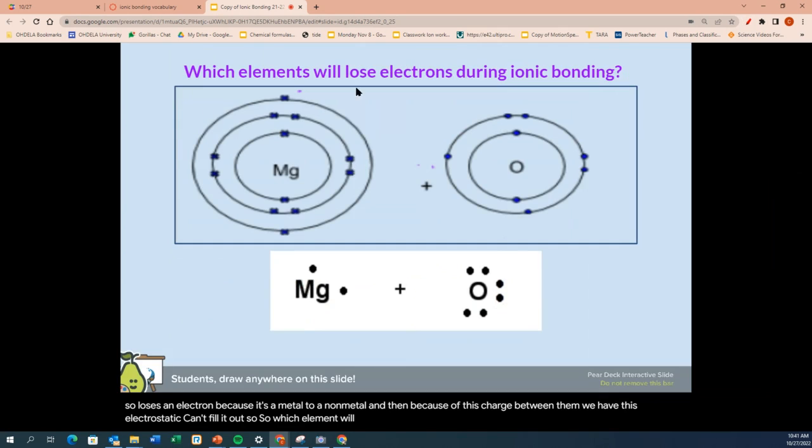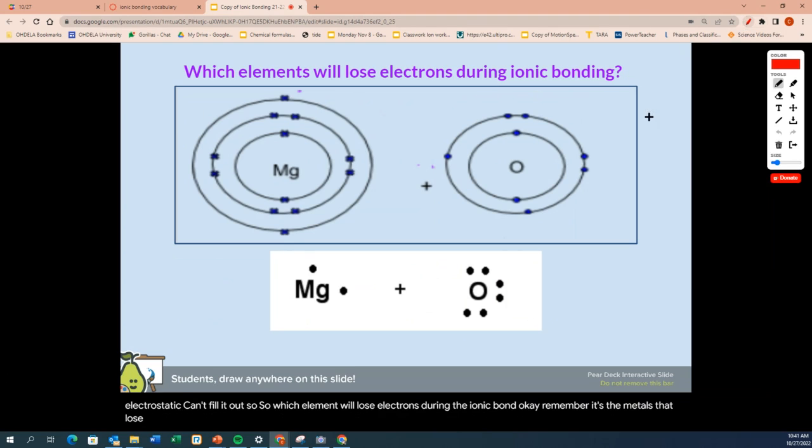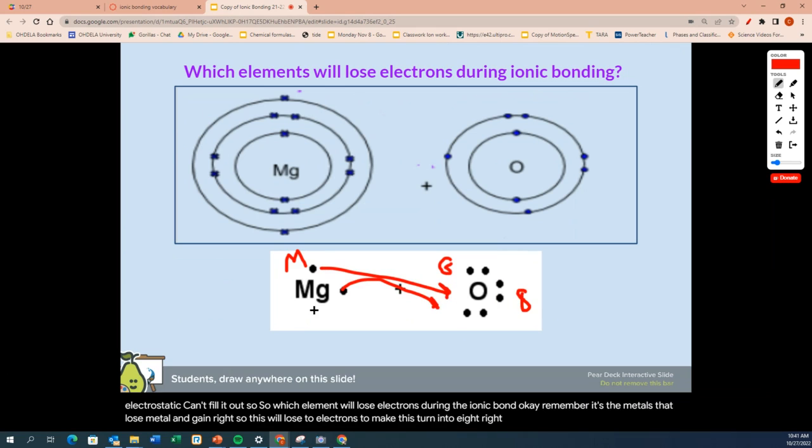Which element will lose electrons during the ionic bond? Okay, remember it's the metals that lose, and nonmetals gain, right? So this will lose 2 electrons to make this turn into 8, right? And then the shell below this is full, so it's happy.